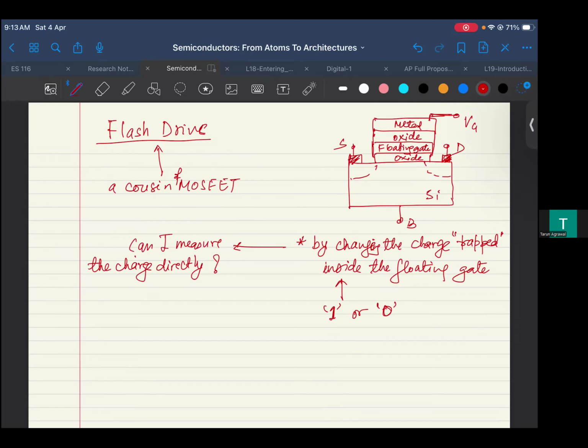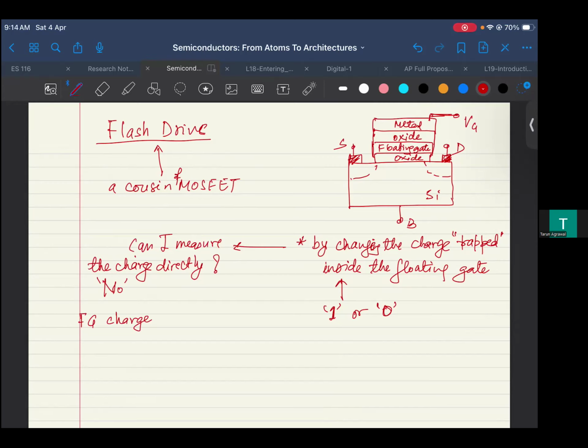And the answer to that is no, you cannot, because whatever we measure as electrical engineers, we measure voltages, currents, or power. From that itself you have to conclude what the charge is. So then what is the property of my MOSFET which the floating gate charge can directly affect?